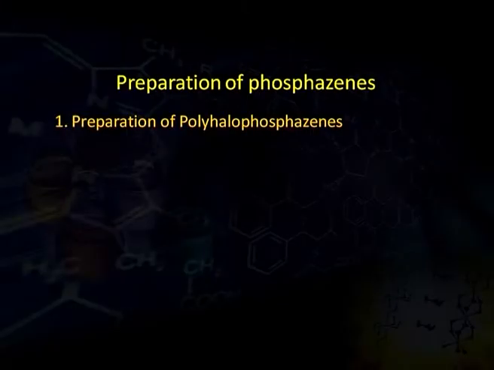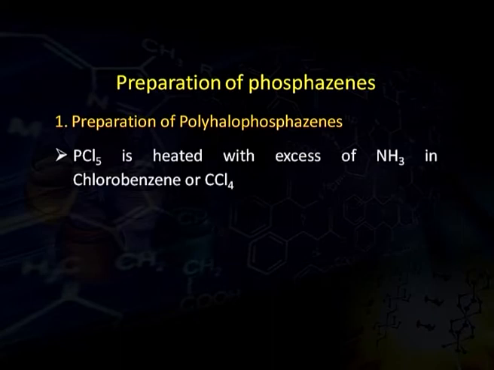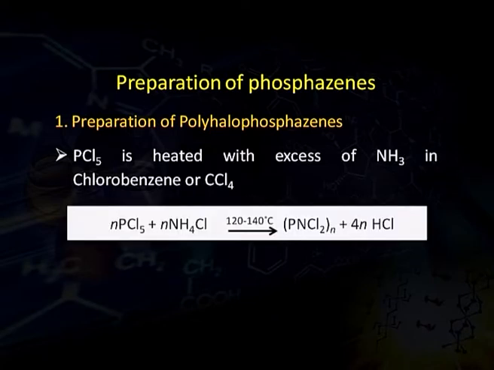Coming on to the preparation of phosphazenes, first of all we will take the preparation of polyhalophosphazenes. To prepare polyhalophosphazene, we treat PCl5 with excess of ammonia in the presence of chlorobenzene or carbon tetrachloride, and it is heated to a temperature of 120 to 140 degrees Celsius.